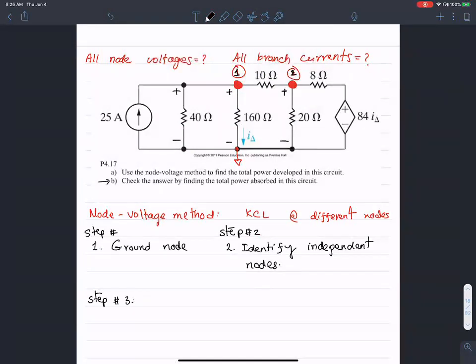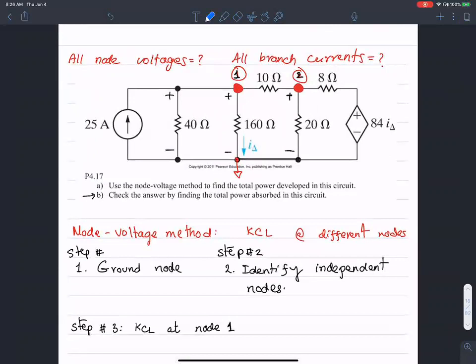Yes, so you want to do KCL at node 1, right? In order to do that, let's look at all the currents leaving that node. So my node is this guy, and I'm interested in adding all the currents leaving that node, which is the same as node 1.